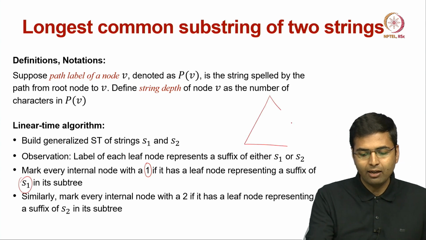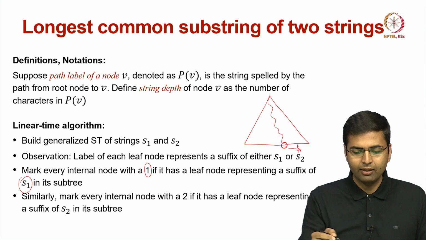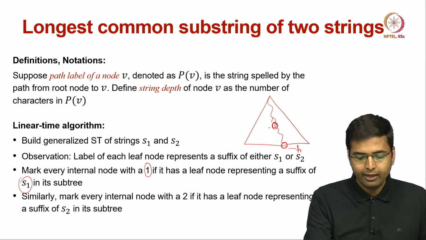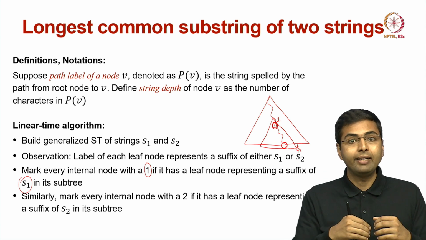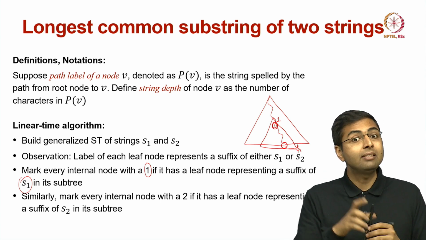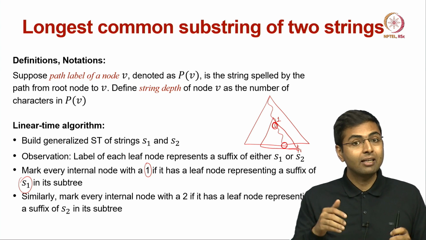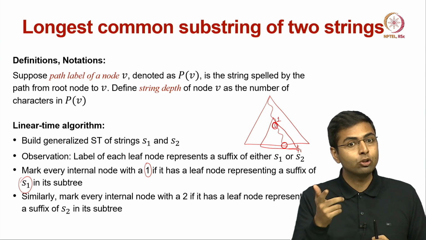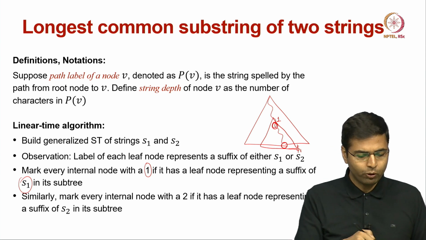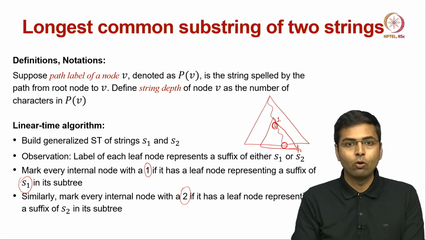So, if I have an internal node, and there is a leaf node that represents some suffix of string S1, then I am going to label that internal node 1, because there is a leaf node in the subtree that represents a suffix of string S1. Similarly, if an internal node has a leaf node representing a suffix of string S2 in its subtree, I am going to mark 2 at that internal node.